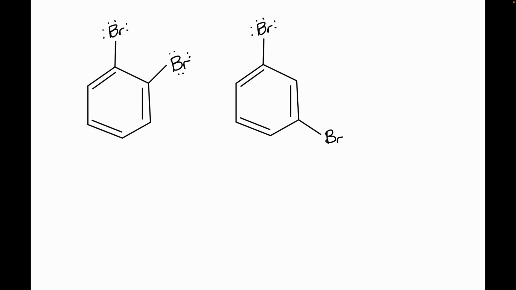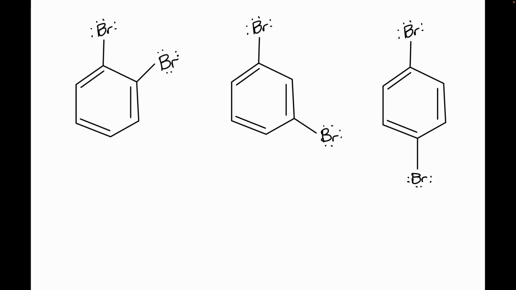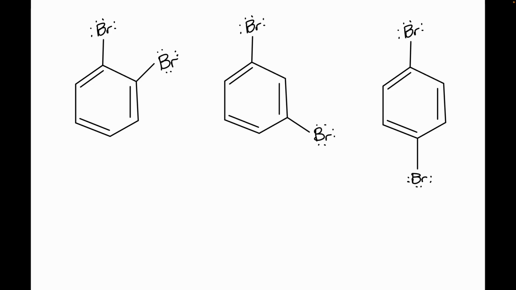Okay, they could be one removed, or they could be on opposite sides of the ring. For your cyclohexane derivatives, this is when you would start having to number the ring because, again, you got to indicate the separation of these two groups here. Right? These are three different molecules with three different physical properties, different boiling points, et cetera, et cetera.